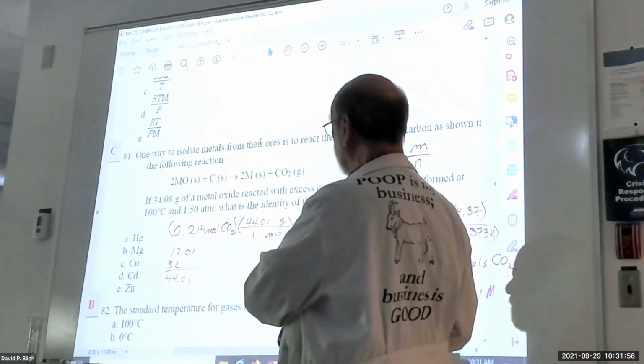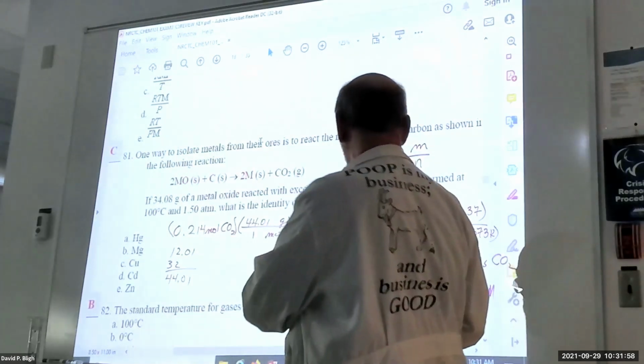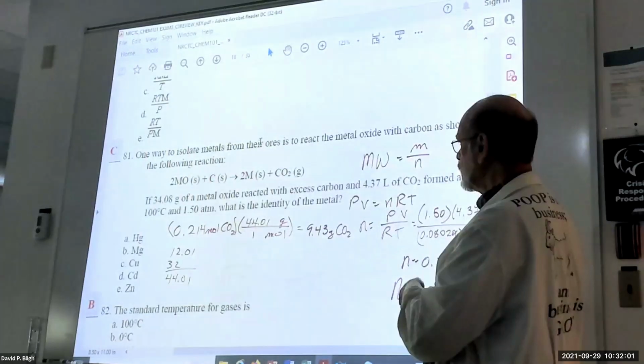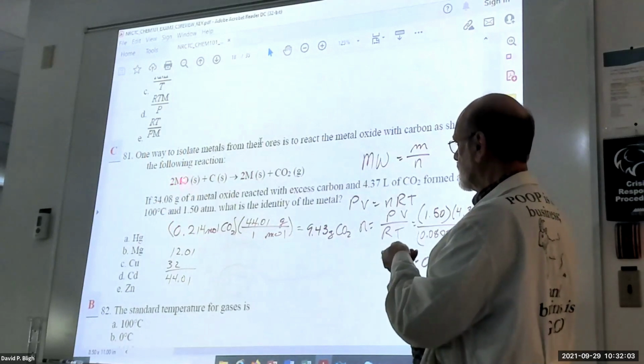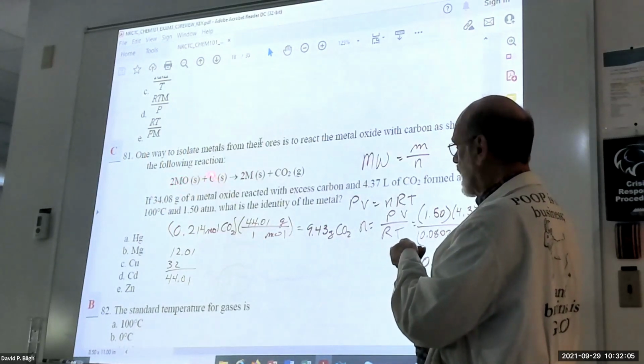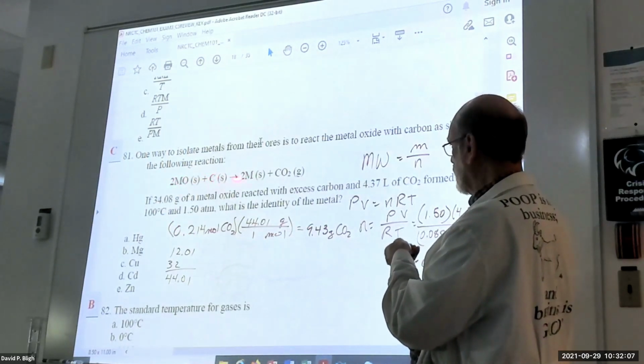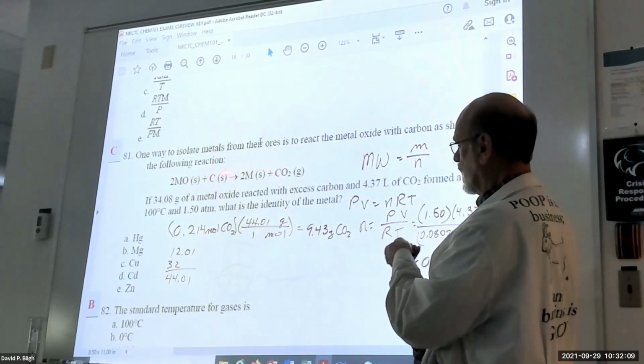Well, we know that the moles of this metal oxide are equal to the moles of the metal. So it's 0.428 moles of this. And this is equal to the moles of carbon dioxide because they're 1 to 1.